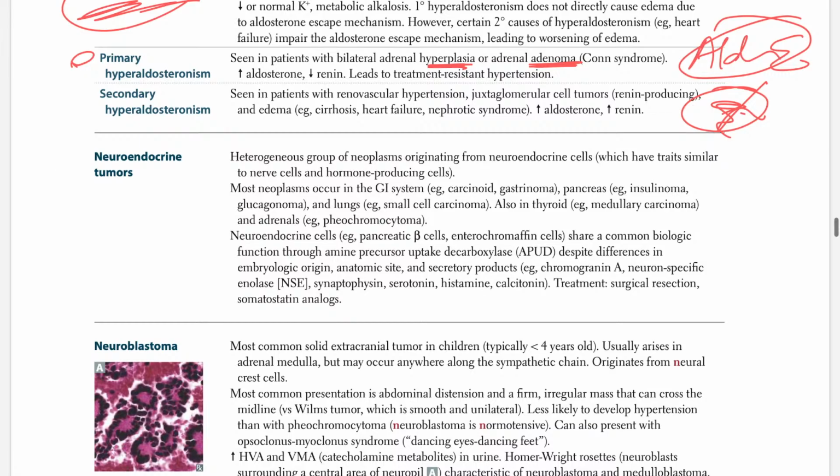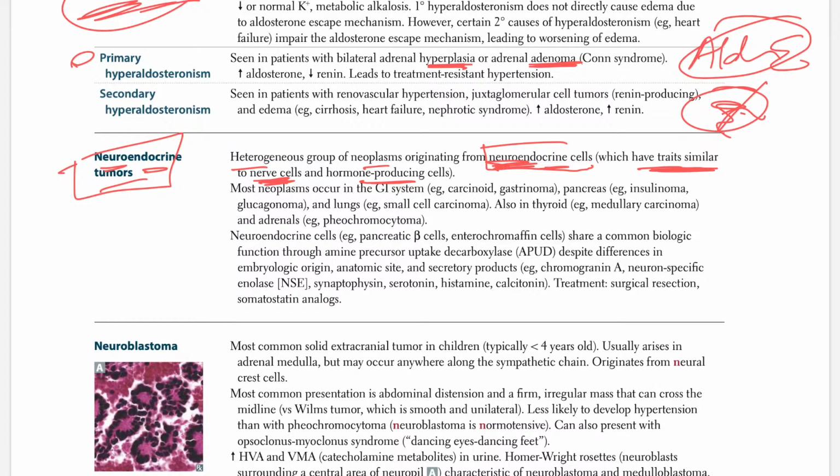Moving on with the next one, we have the neuroendocrine tumors. Neuroendocrine tumors, as the name suggests, are of neuroendocrine origin. They're a heterogeneous group of neoplasms originating from, simple thing, neuroendocrine cells, which have traits similar to nerve cells. Again, the name suggests neuroendocrine. So they are the nerve cells and the hormone producing cells. Simple, right?